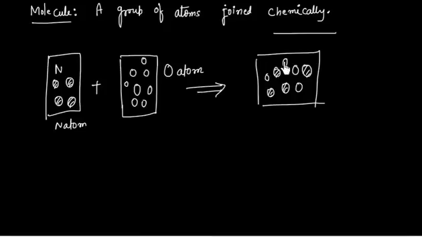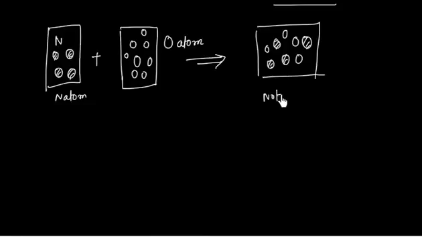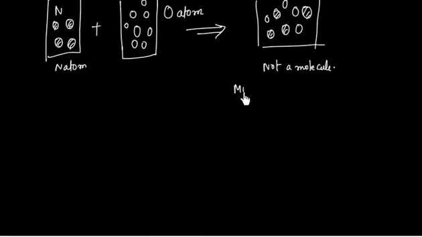There is no chemical bonding between nitrogen and oxygen. So this is not an example of a molecule. Simply, this is a mixture of nitrogen and oxygen atoms. This is not a molecule because there is no chemical bond.